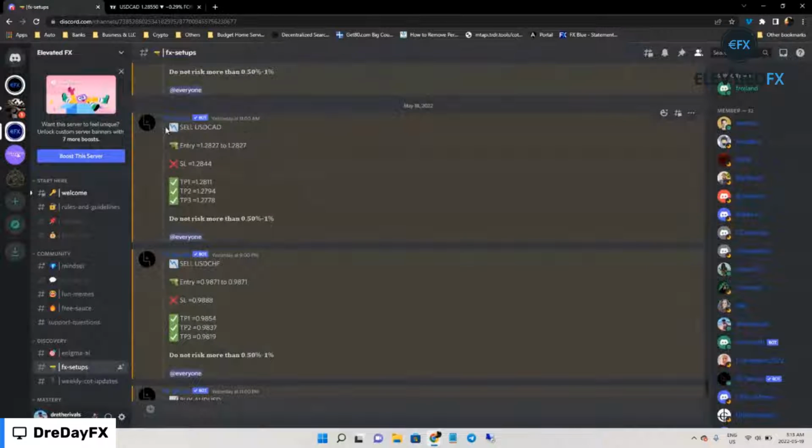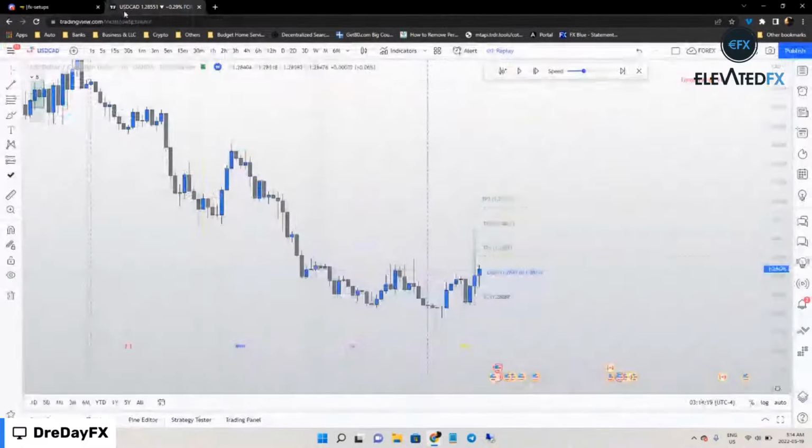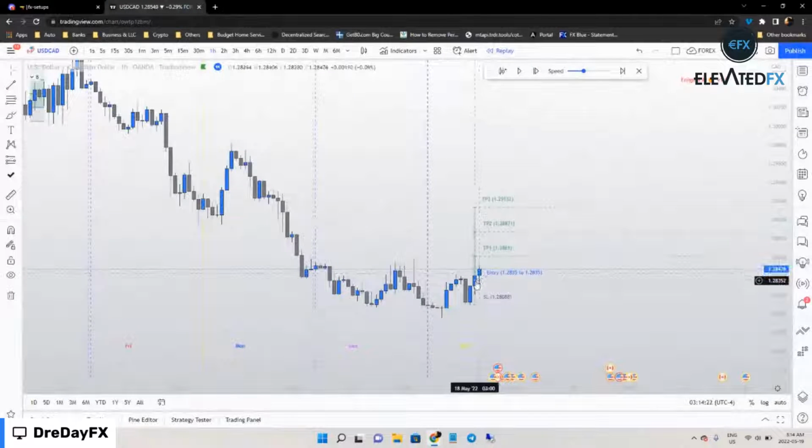If we look at this signal here specifically, we have a sell on USDCAD. You have the entry price. The entry price is based on the previous hourly candle. So the actual signal is sent out at 11 a.m., but it's based on the previous candle entry price.